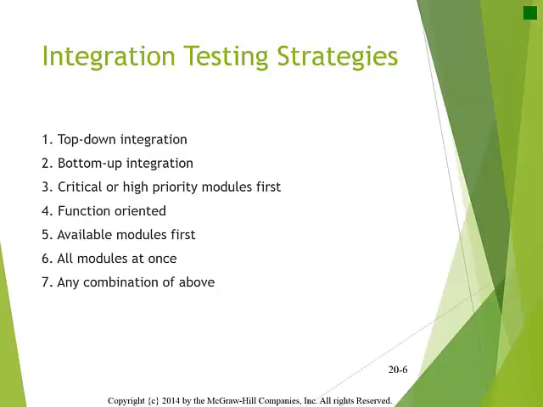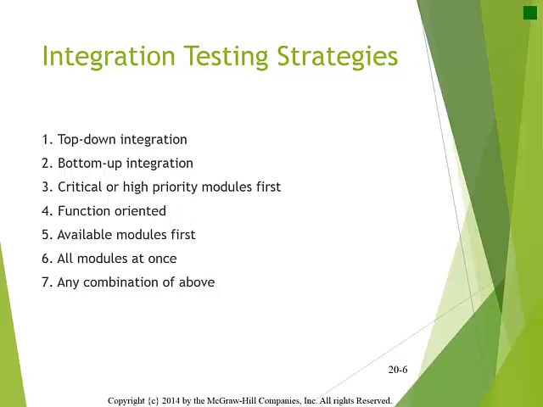Traditional integration testing has been performed in the following strategies. 1. The Big Bang, where all components of a software system are integrated and tested together. The drawback to this approach is that it is difficult to debug.